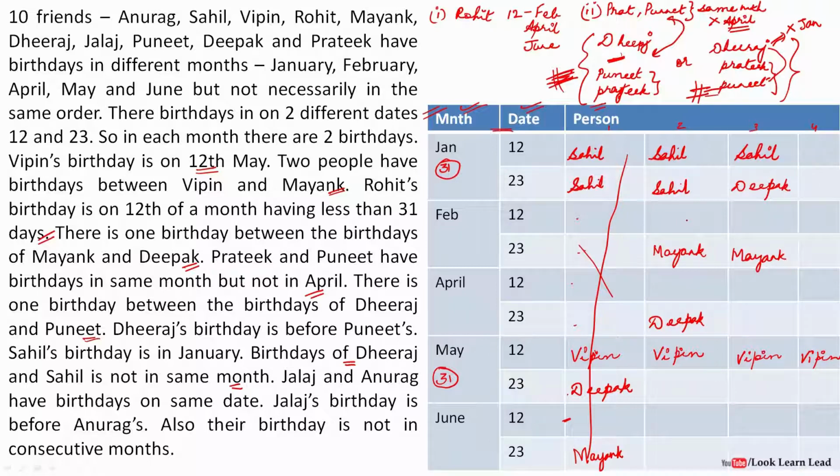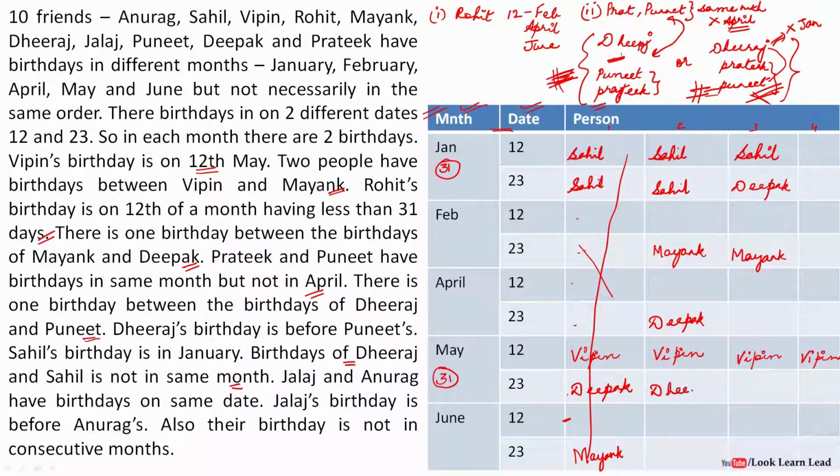In the next scenario, let us put Dheeraj over here. Dheeraj, gap, Prateek, it's okay. But after Prateek it should be Puneet, and they cannot be in April, so here it won't fit. If I try this option in the second scenario, it would fit.